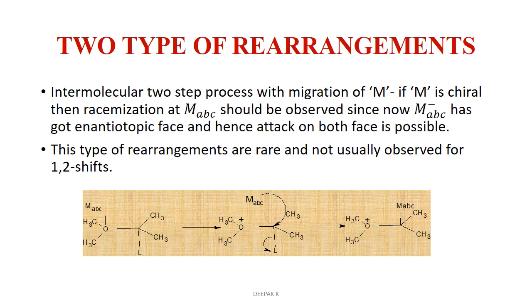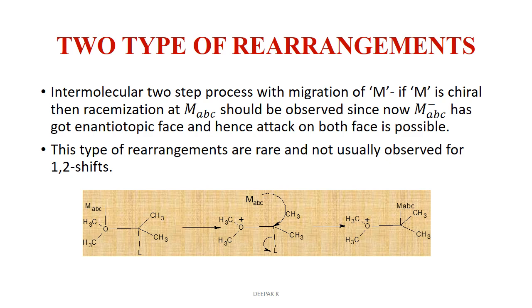So in that case, you will be having a carbocation. Actually, that is a carbocation because MABC is moving from carbon to nitrogen, so the migration origin is naturally carbon. So the carbocation, we know it is planar, with trigonal planar geometry, and it has enantiotopic faces. Why is it enantiotopic?